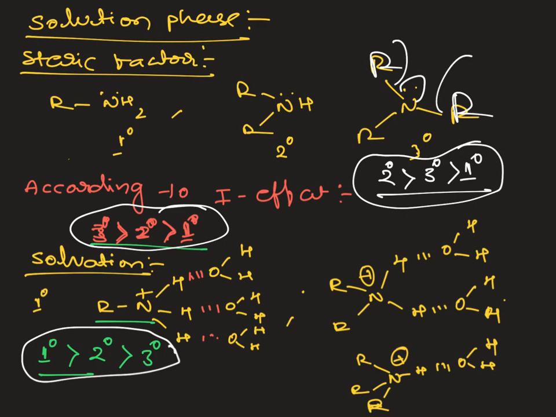That means the inductive effect, or the solvation effect, or steric hindrance cannot solely decide the basicity of amines. When you take the solution phase, the magnitude of each comes into the picture.